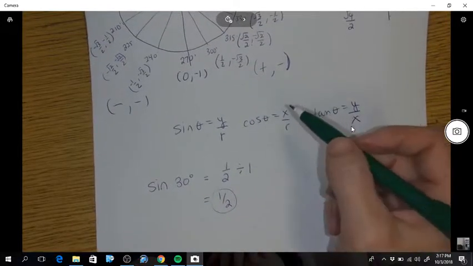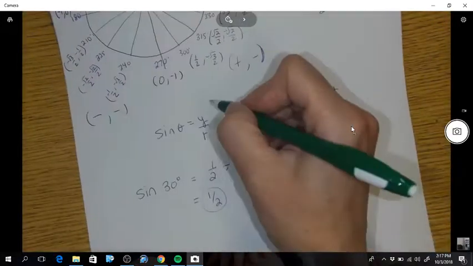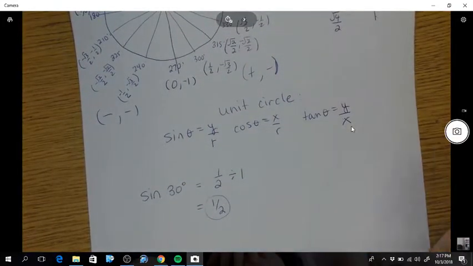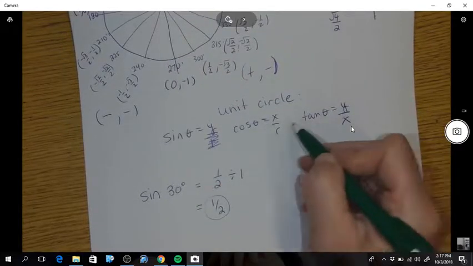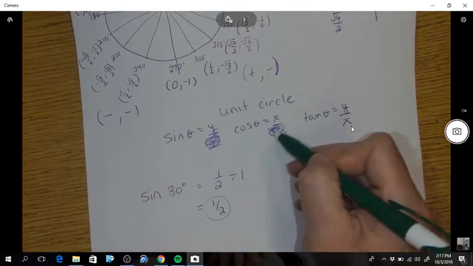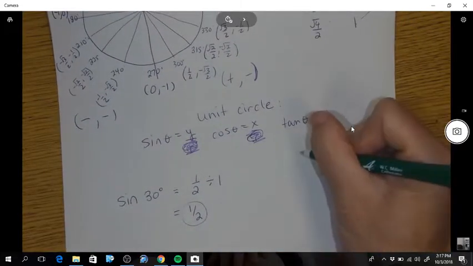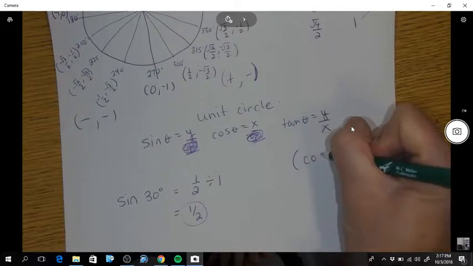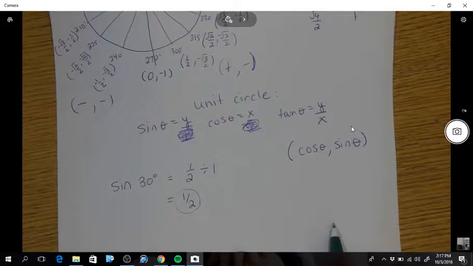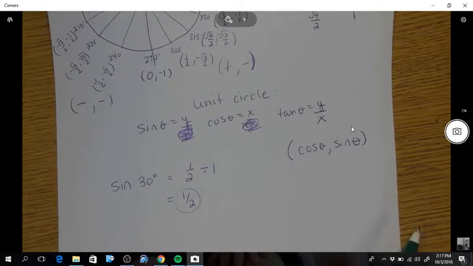So essentially when you're doing the unit circle, this is going to be scrapped and this is going to be scrapped because you're just dividing by 1 and dividing by 1. So the coordinates are really like that, because the x value is the cosine of the angle and the y value is the sine of the angle.